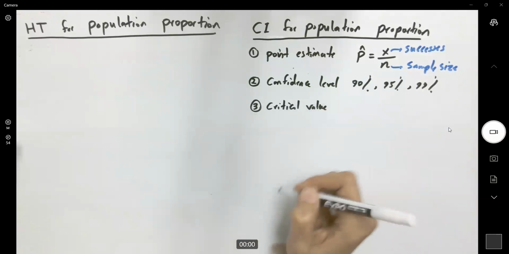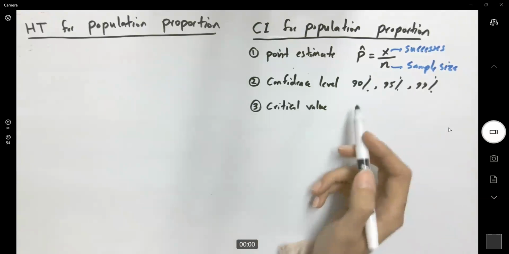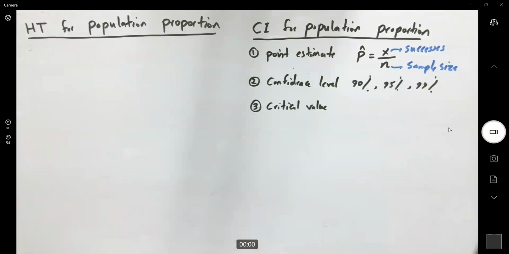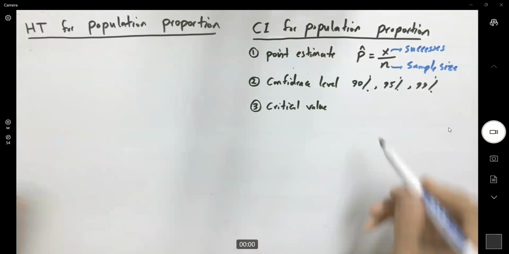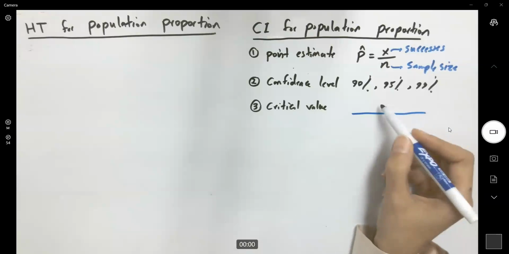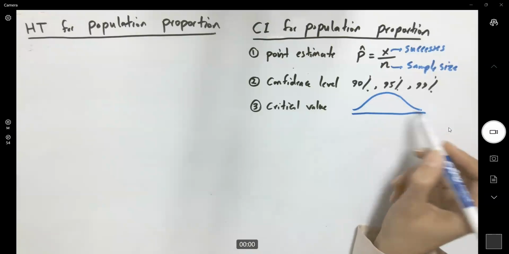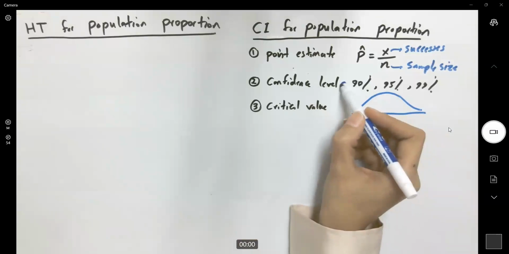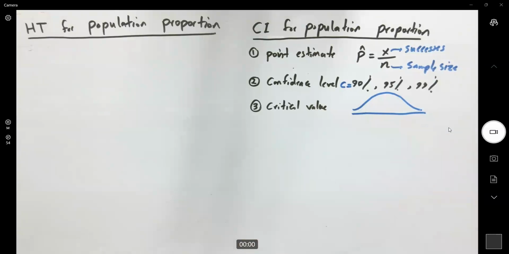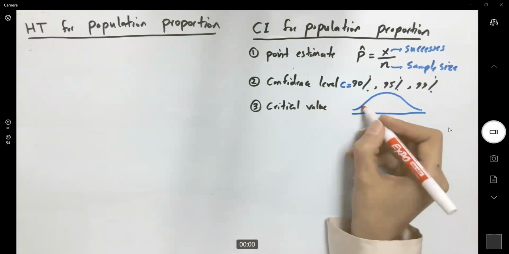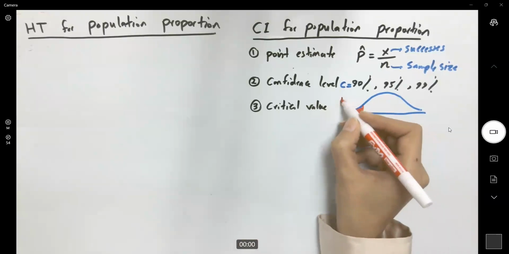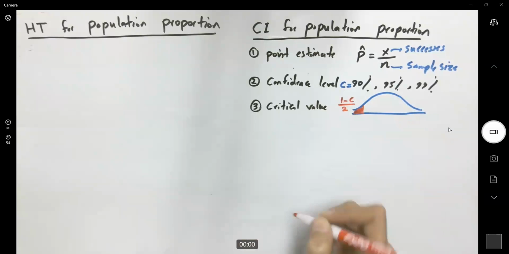To find the critical value for each confidence level, we deal with a normal distribution. We have a normal distribution depending on what the confidence level is. The area is going to be (1 minus c) divided by 2. Then we use our calculator.